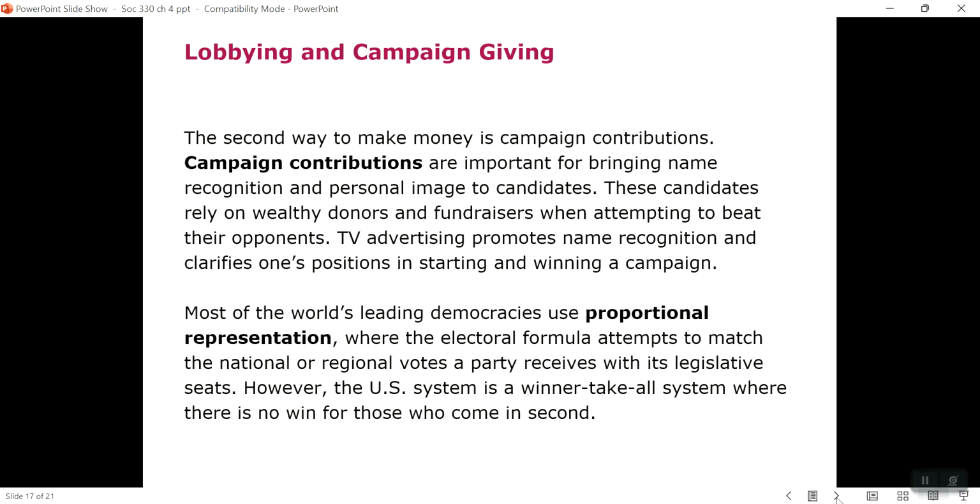Proportional representation means that the government, whether it's at the national level or the state level, is created by matching the votes that a party receives with the number of seats that it receives in the government.